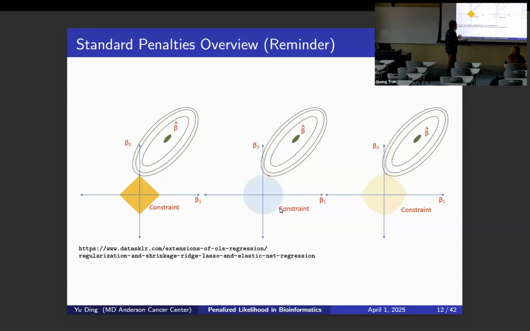We were just talking about ridge regression, so I will use the middle plot as an example.